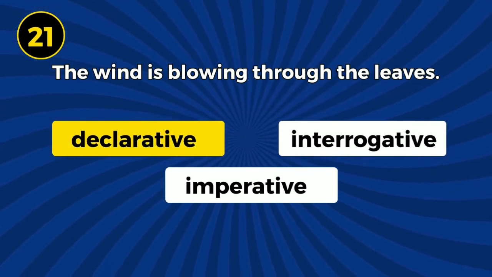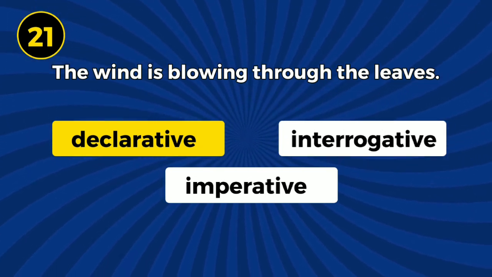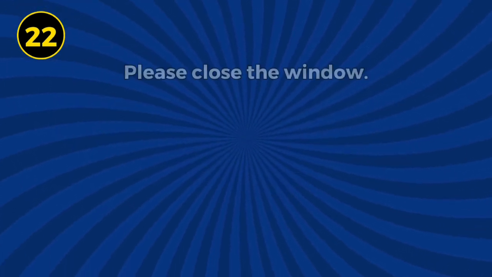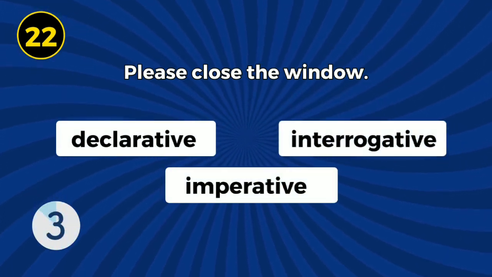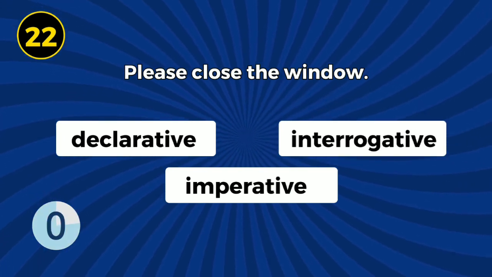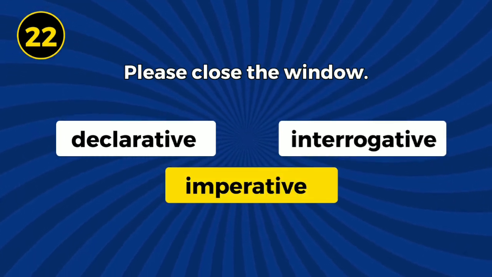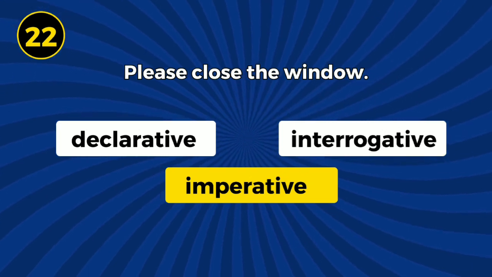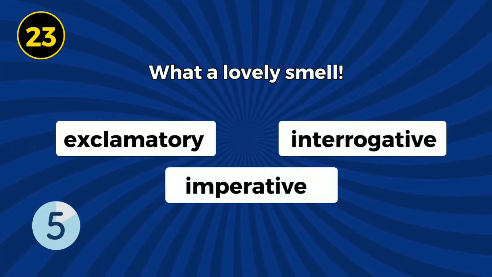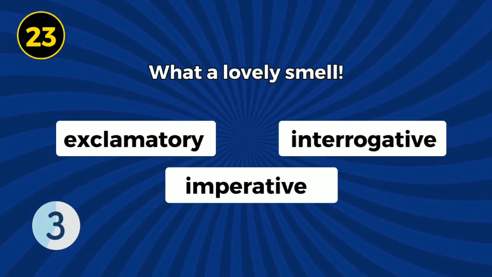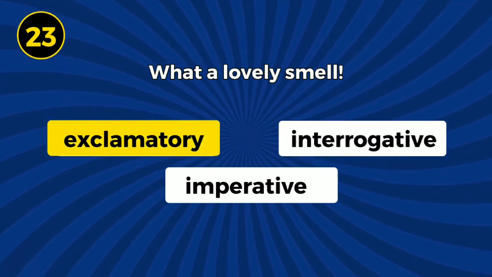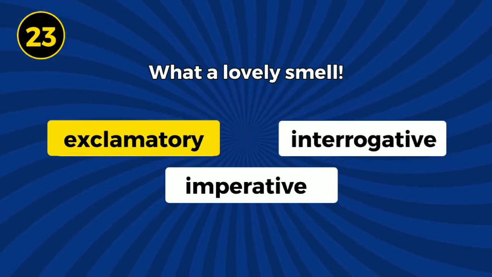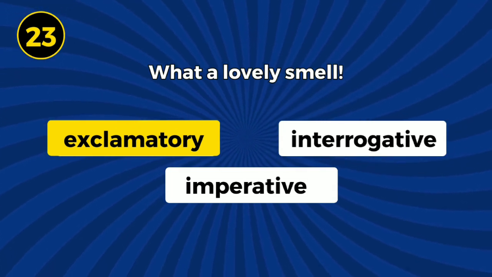The wind is blowing through the leaves. It is a declarative sentence. Please close the window. It is an imperative sentence. What a lovely smell! It is an exclamatory sentence.